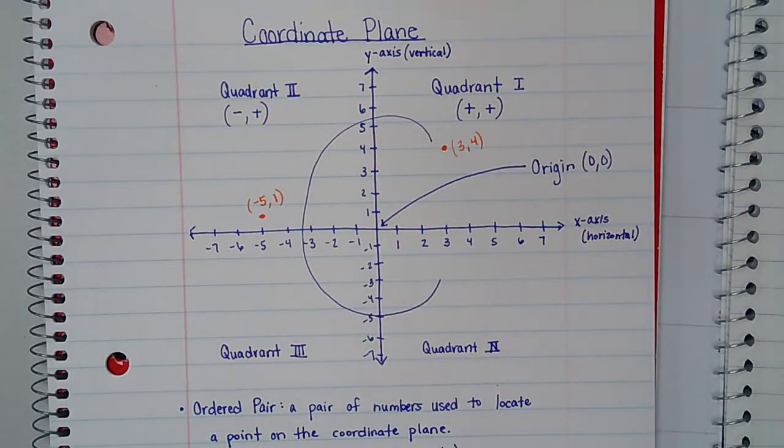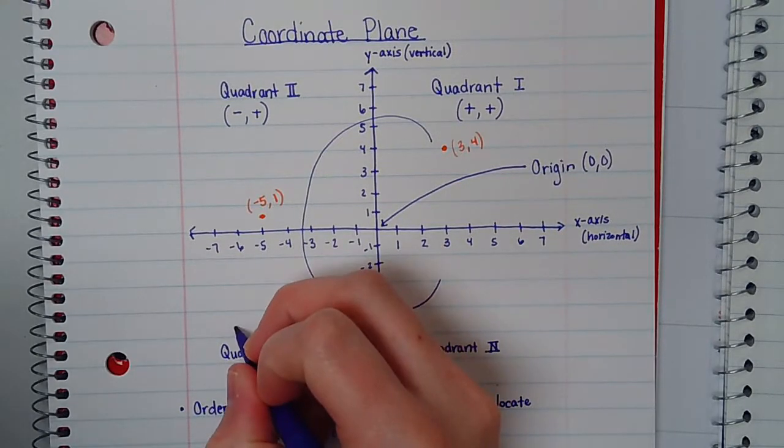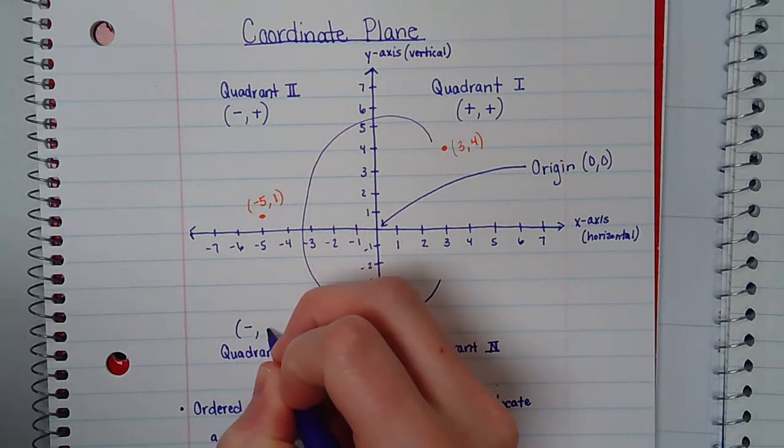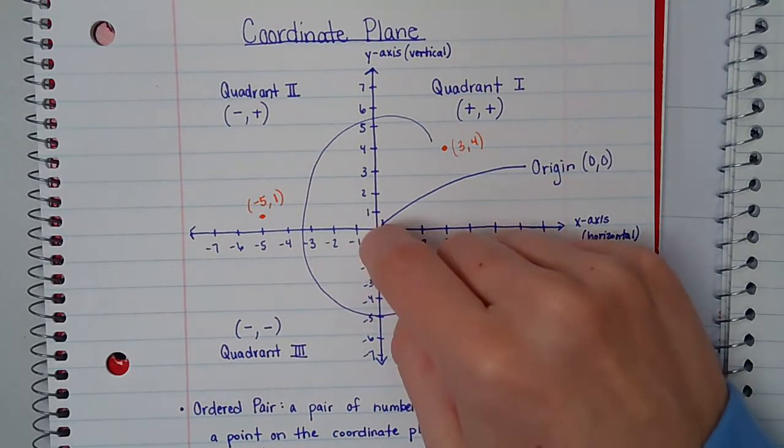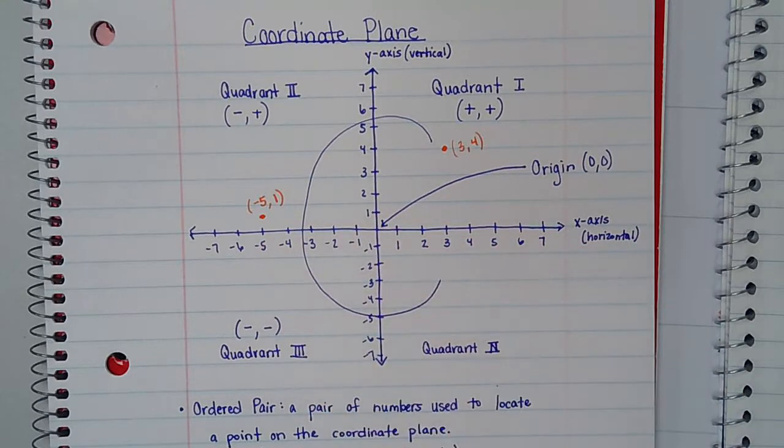Okay? This quadrant down here, quadrant 3, are going to be negative numbers. Okay? Because think about it. To get to this quadrant, you have to move left and down. Well, on a number line, both of those things would be negative things. Left is negative and down is negative. All right? So if I told you the point -2, -5, okay?